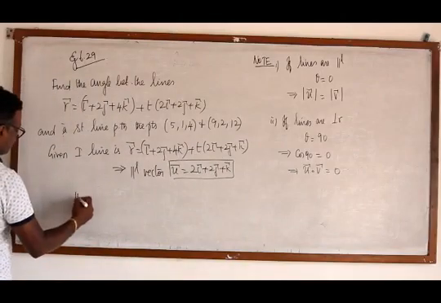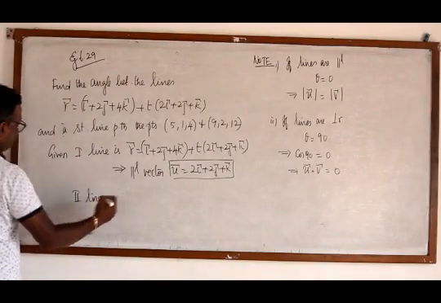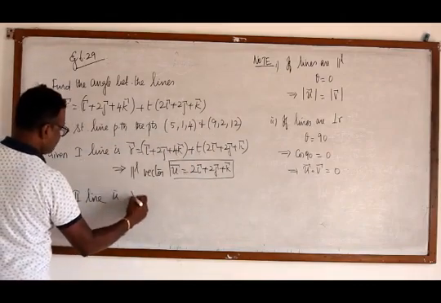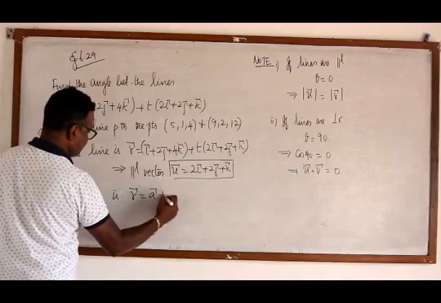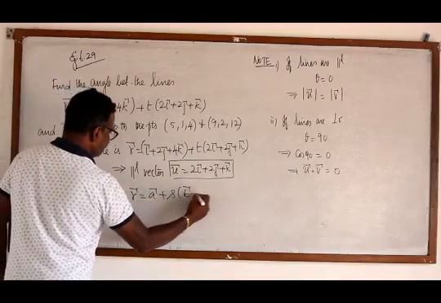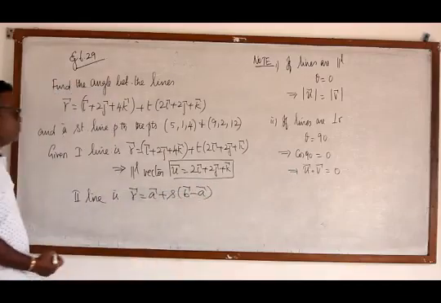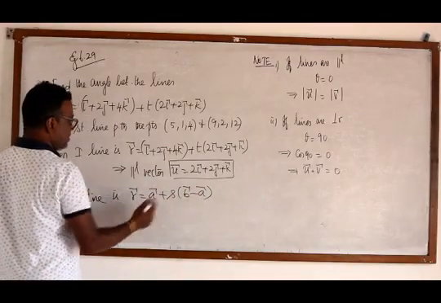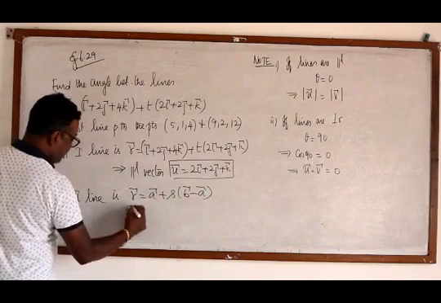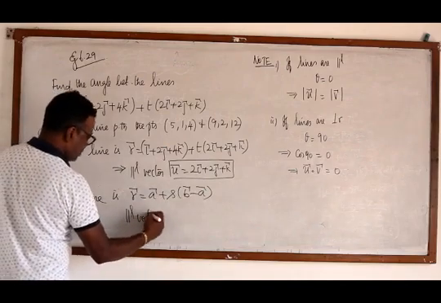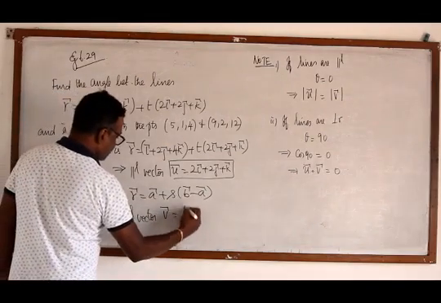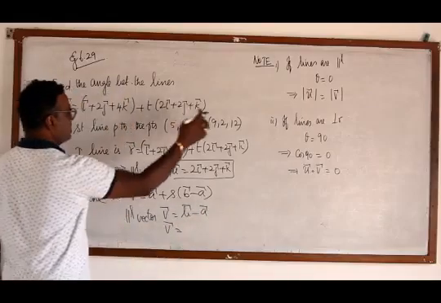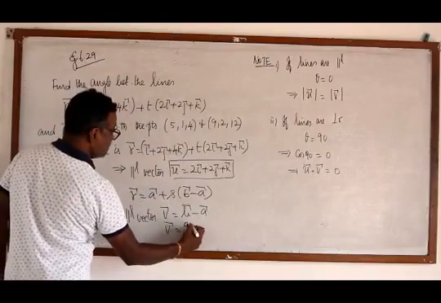Now, for the second line, if two points are given, then the second line is of the form r vector equal to a vector plus s into (b minus a) vector. So in this case, the parallel vector v equals second point minus first point.